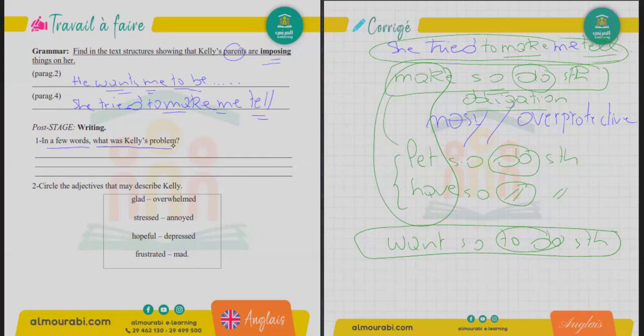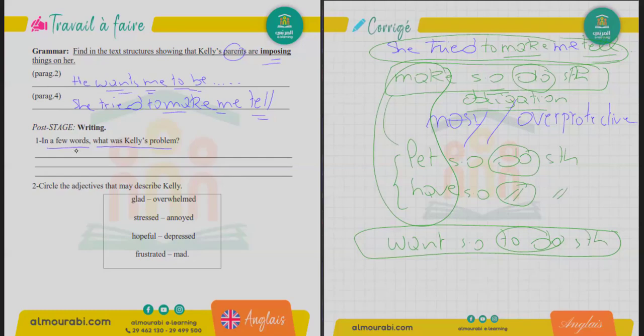What went wrong with her? Let's try discussion now, after we read and understood the text, to see the main problem of Kelly. The misunderstanding between Kelly and her parents.